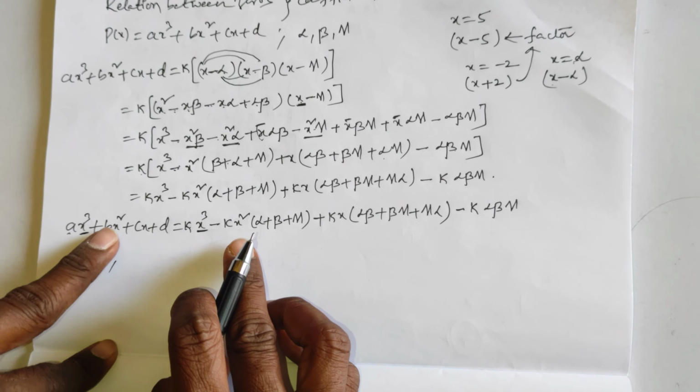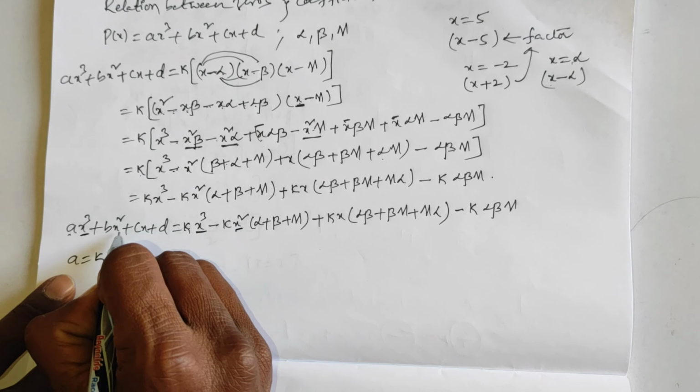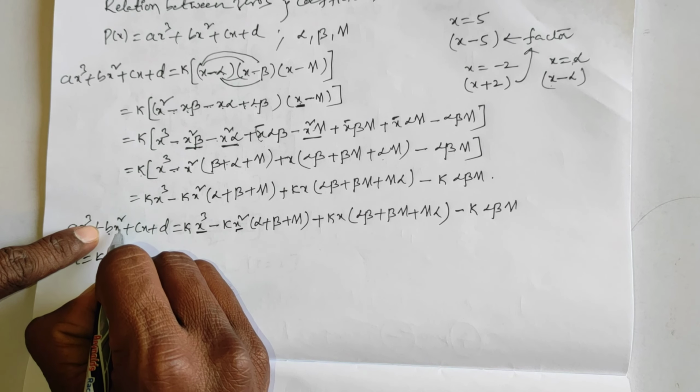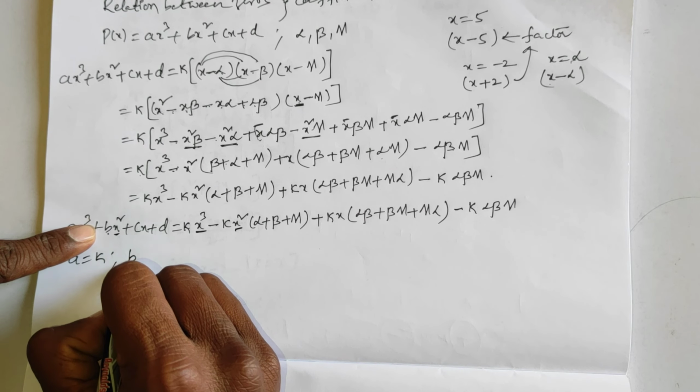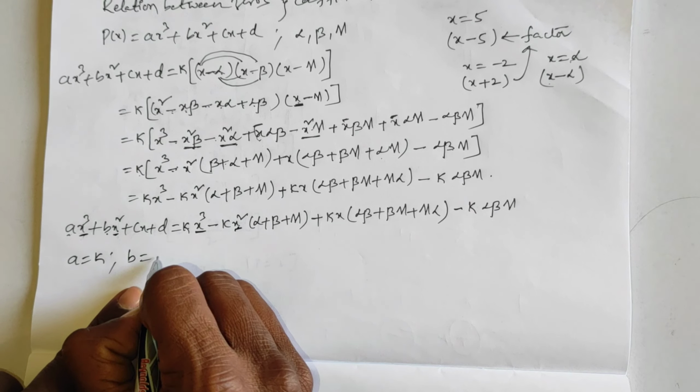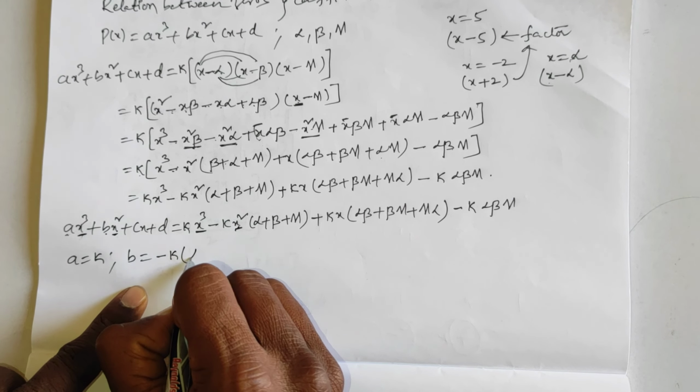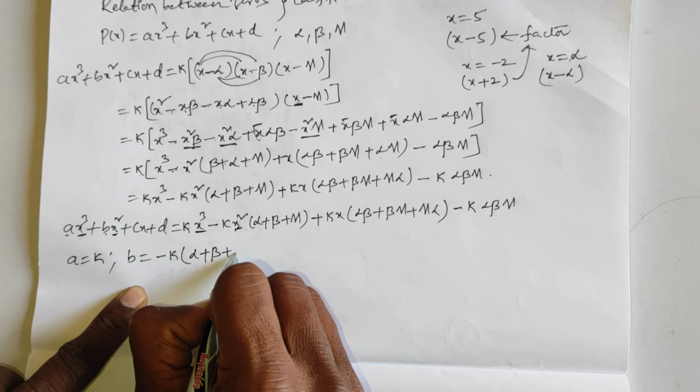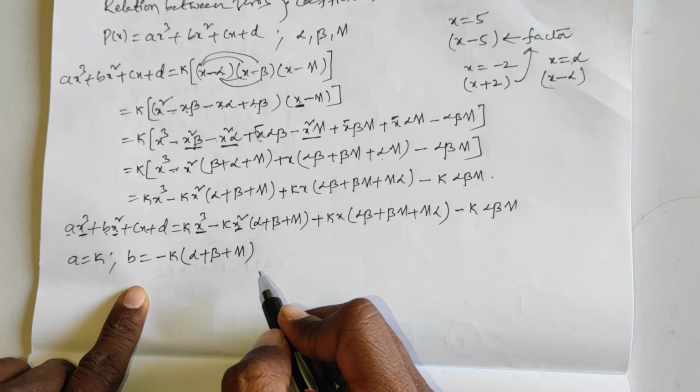Now comparing x square, it is the same. What is the coefficient of x square here? b is equal to the x square coefficient, and what is the remaining? Minus k of alpha plus beta plus gamma. Completed.